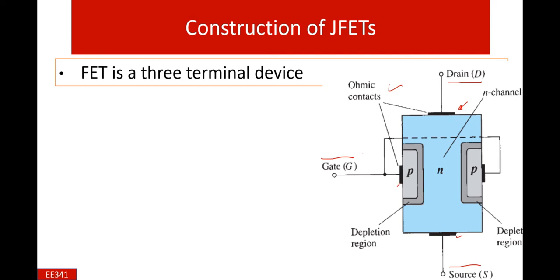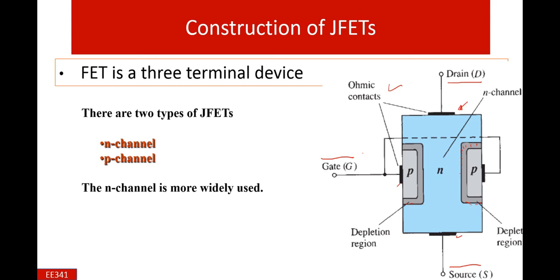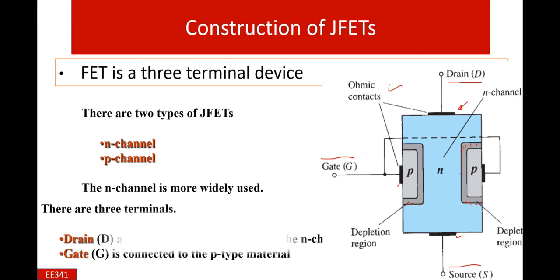When we make this P substrate over the N, there is a region like the diode in the BJT. This region is the depletion region, and here also a depletion region. This is the construction of a JFET.